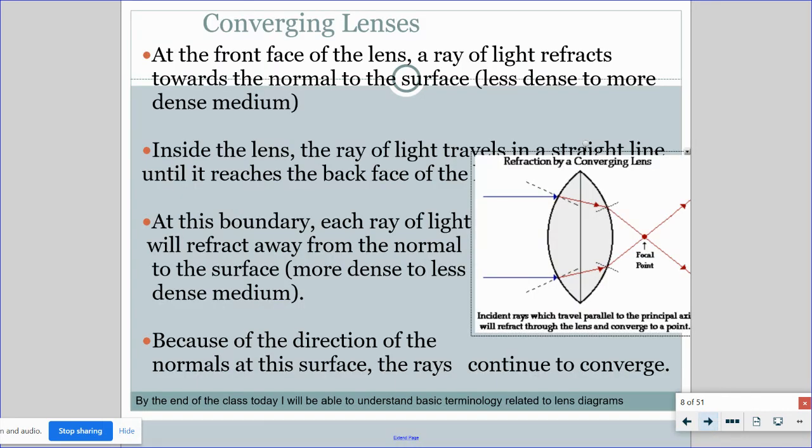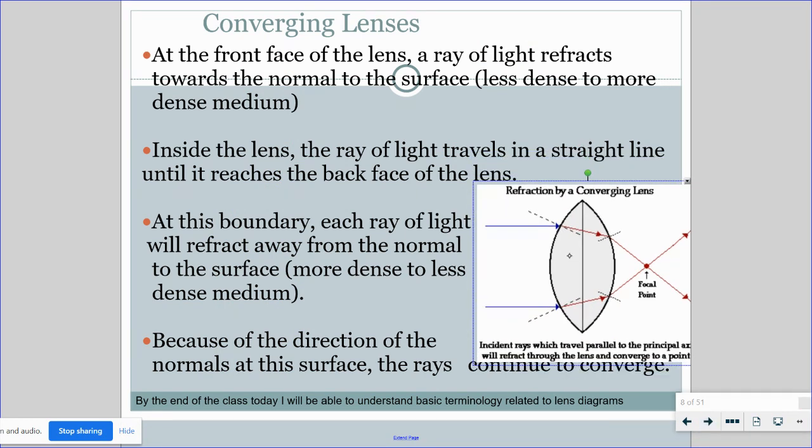So a converging lens, at the front face of the lens, the incident ray is coming in from a medium that's usually faster, less dense. And if we hit the normal, that means when it hits the medium, it's going to bend towards the normal. So our angle of refraction is less. As it goes through the lens, it travels in a straight line till it reaches the end of the lens.